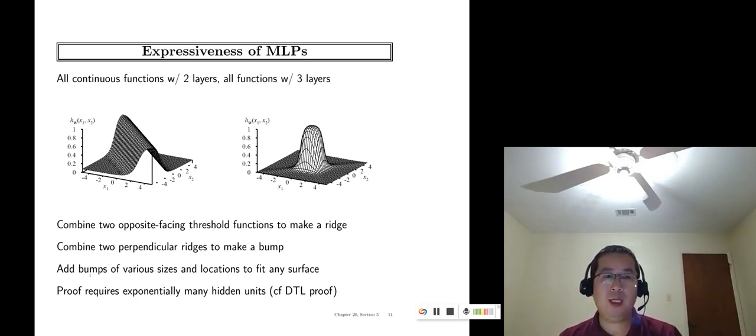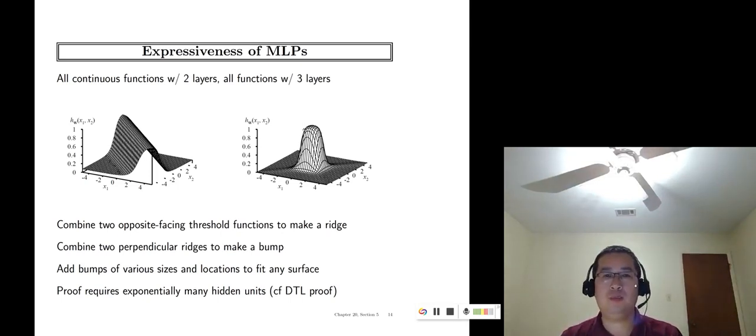And if we add bumps of various sizes and locations, we can fit any surface, even a complicated surface. Because on the surface, some parts are bumping up, and on the other side there will be a valley going inside.